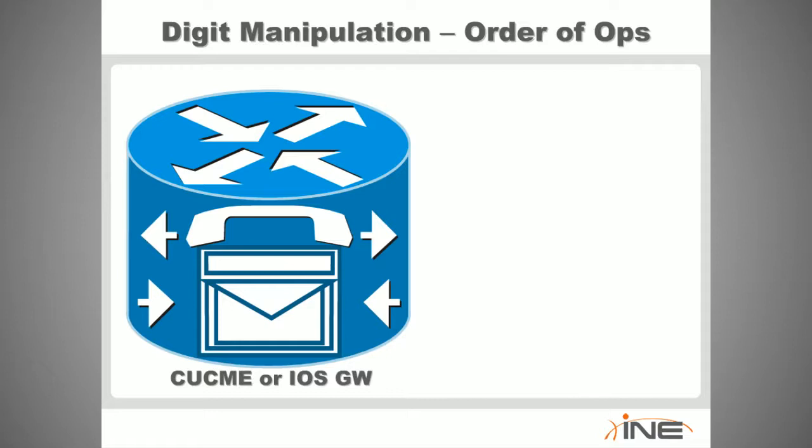eFXS voice port. And we also know from SIP phones, voice register pool and voice register DN, the combination of those two, creating a voice register DN, a SIP DN, and then a voice register pool and applying that voice register DN with the command number, creates a VoIP dial peer.